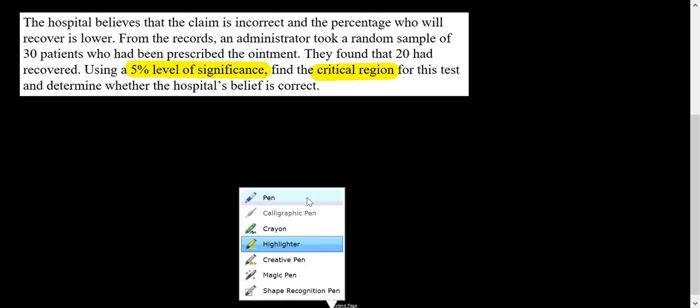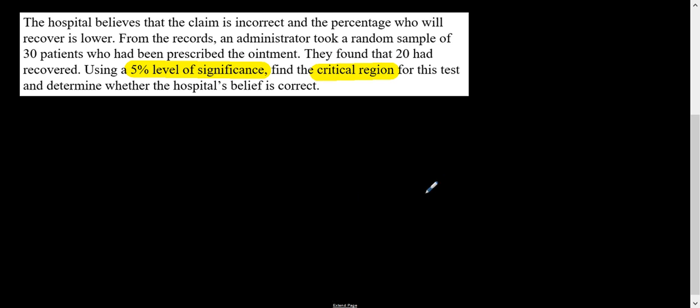So then we're going to find this critical region, and a critical region is really important for hypothesis testing. It's the region that returns a significant result. It's the boundary. So in this example here, we're testing whether or not this 67% is significantly lower than the 85%. So when we find the critical region, we're finding that boundary percentage.